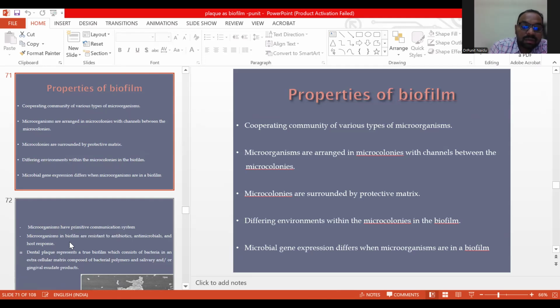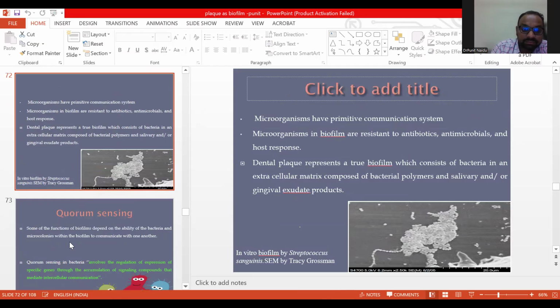The microorganisms in a biofilm are very resistant to antibiotics, antimicrobials, and host response. Dental plaque represents a true biofilm, which consists of bacteria in an extracellular matrix composed of bacterial polymers and saliva or gingival exudate products. The further discussion will be explained in the next class.